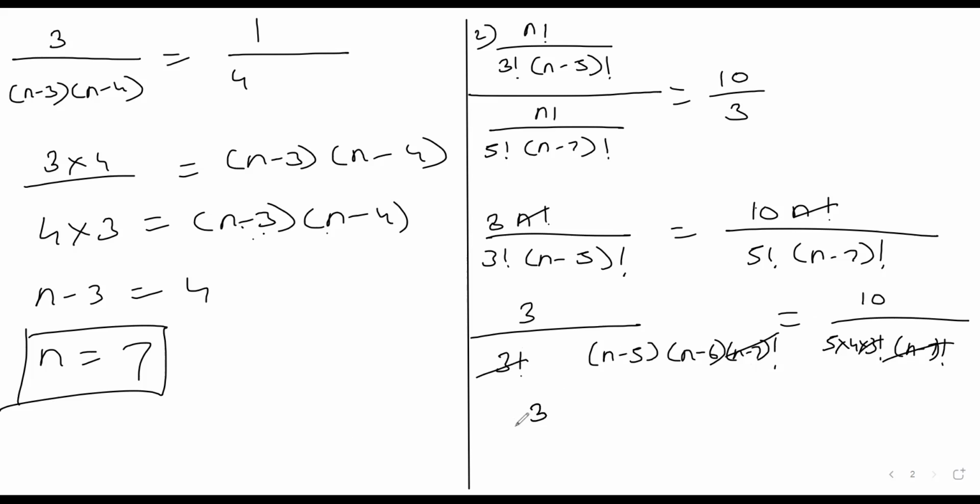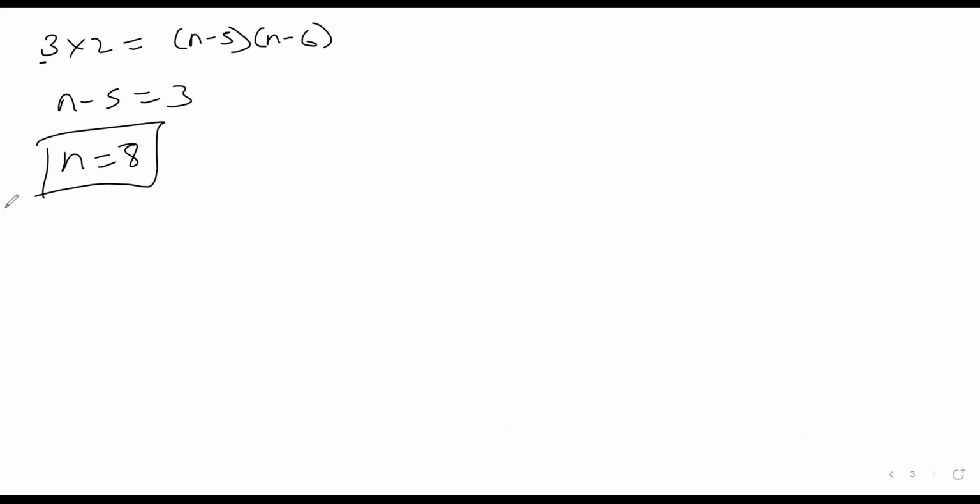We will get 3 upon n minus 5, n minus 6 is equal to 10 upon 20. So 3 into 2 is equal to n minus 5, n minus 6. This is bigger number, this is bigger number, so n minus 5 is equal to 3. N will become equal to 8.